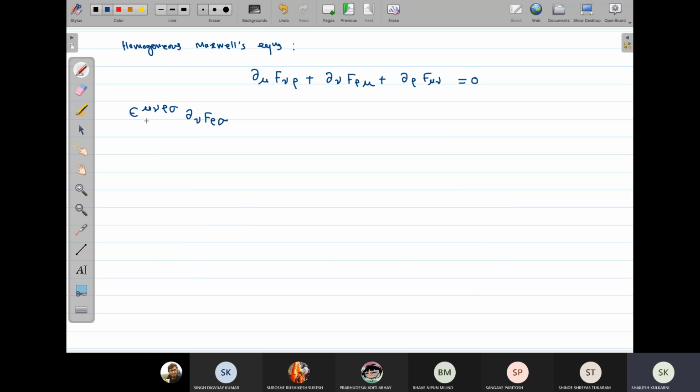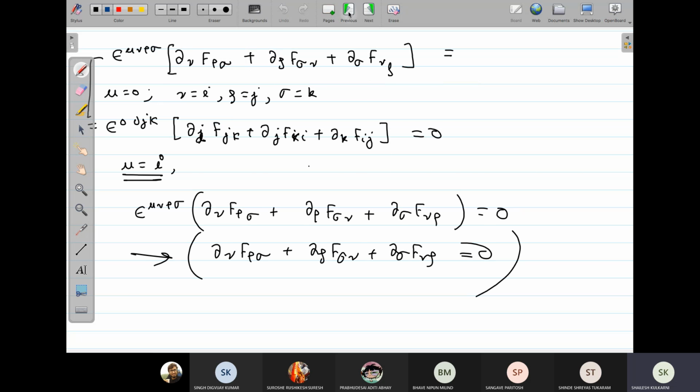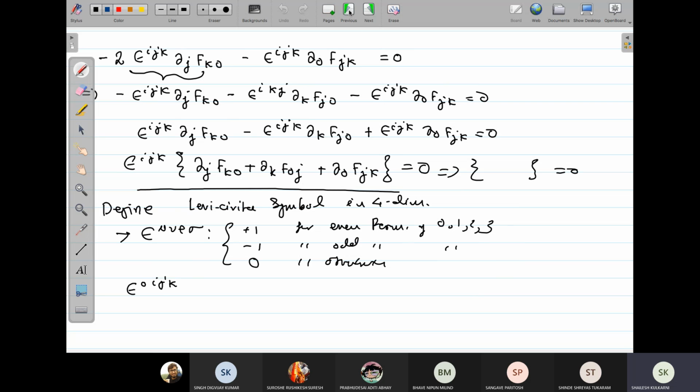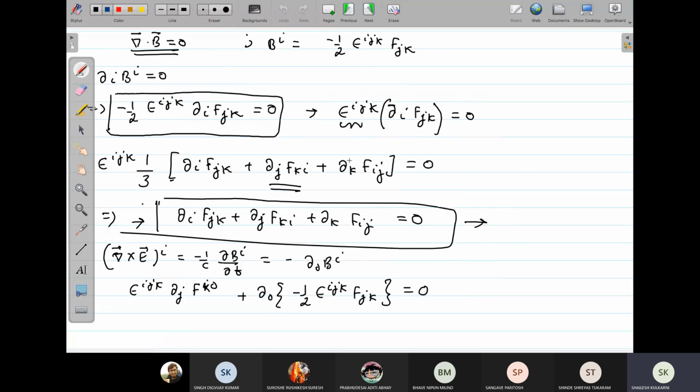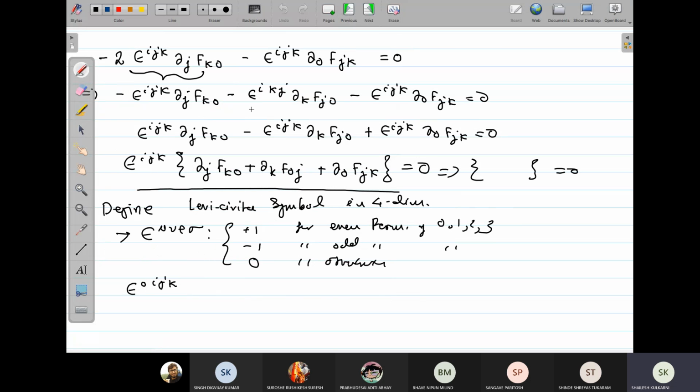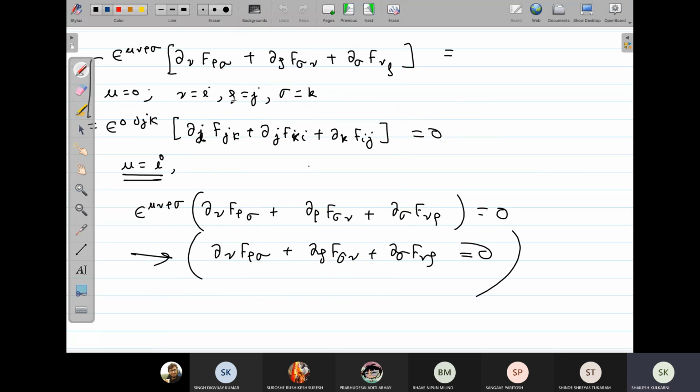We showed in components that for mu equal to 0, it reduces to whatever we obtained before, namely this, and for mu equal to i, a spatial index, it reduces to this.